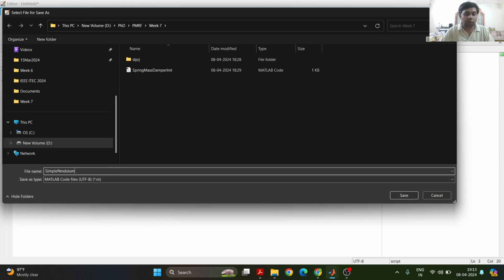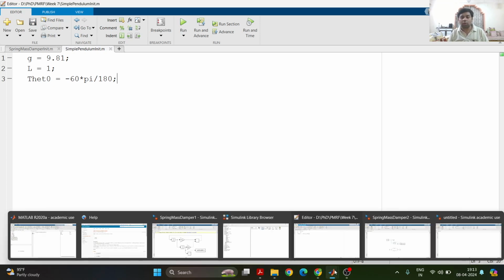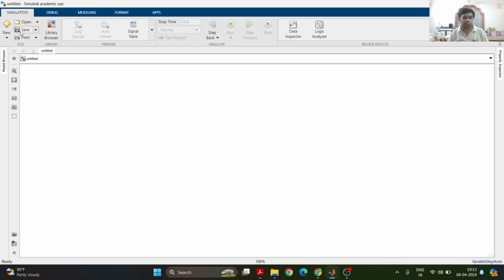I'm saving this MATLAB code as simple pendulum init, so that when we are using this Simulink model, we can just use these parameters from the MATLAB workspace.